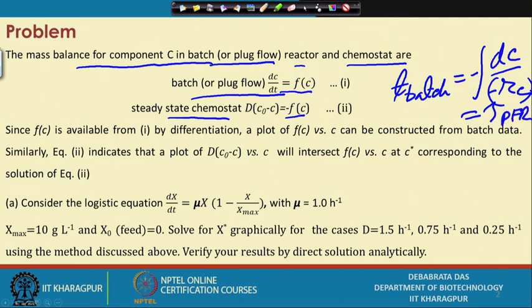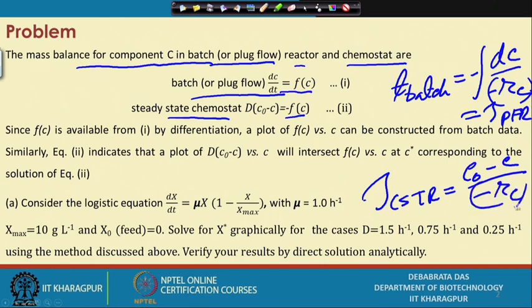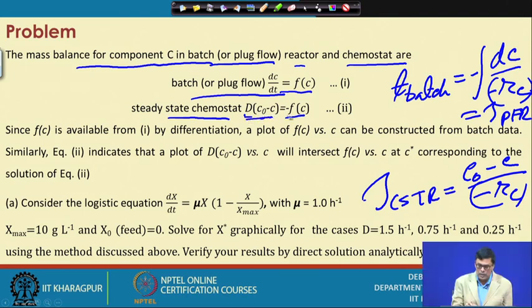But in case of the CSTR, tau equals C0 minus C by minus rc, the rate of degradation of C. This is D into C0 minus C as a function of C.